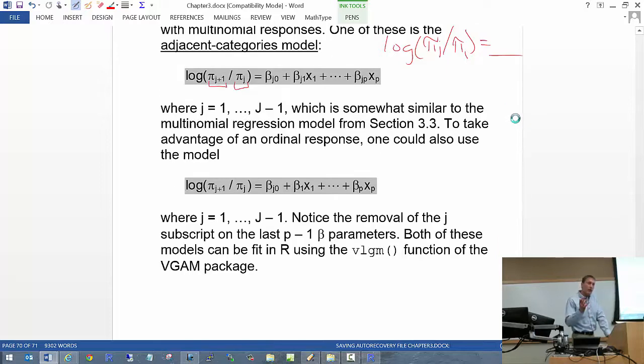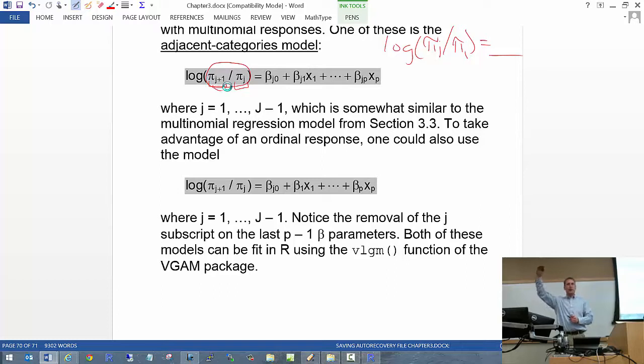But one reason why I bring up this kind of model is that suppose we do have an ordinal response. By looking at the adjacent categories, that can actually be useful. Because you're comparing, let's say, with respect to the fiber example, none to low, low to medium, medium to high.